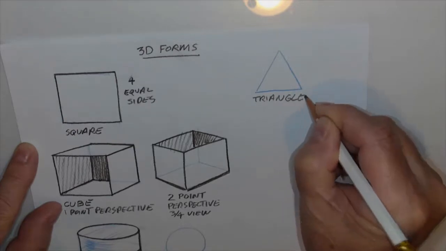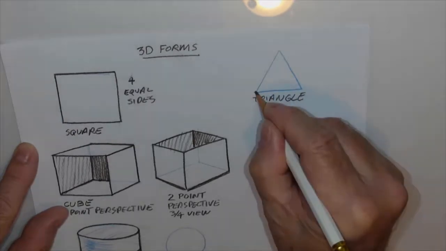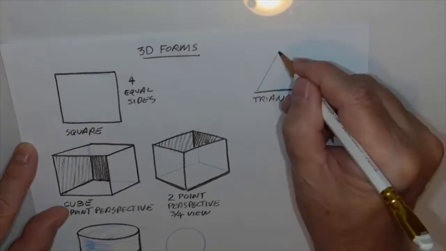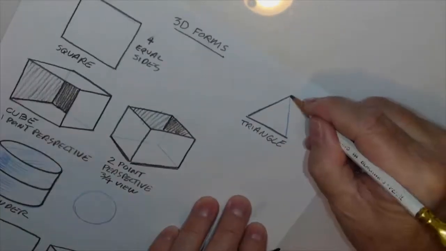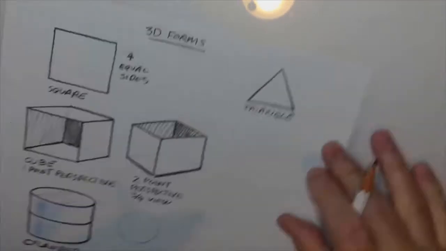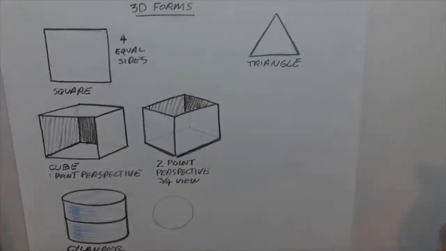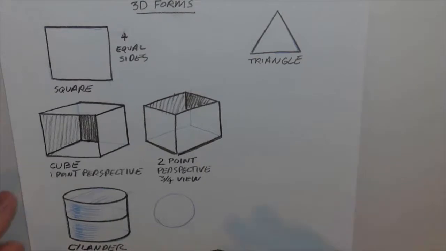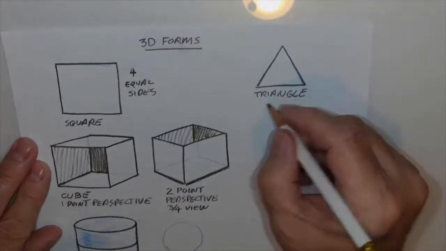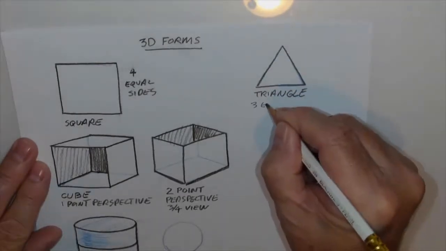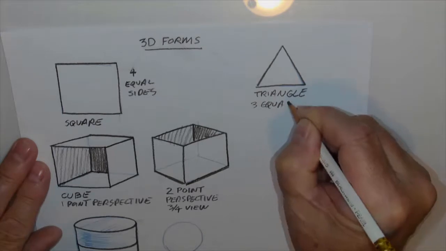And we should know that from our elements of design, where we looked at shapes, and our 2D tutorial on these. So again, the flat triangle should be 3 equal sides.